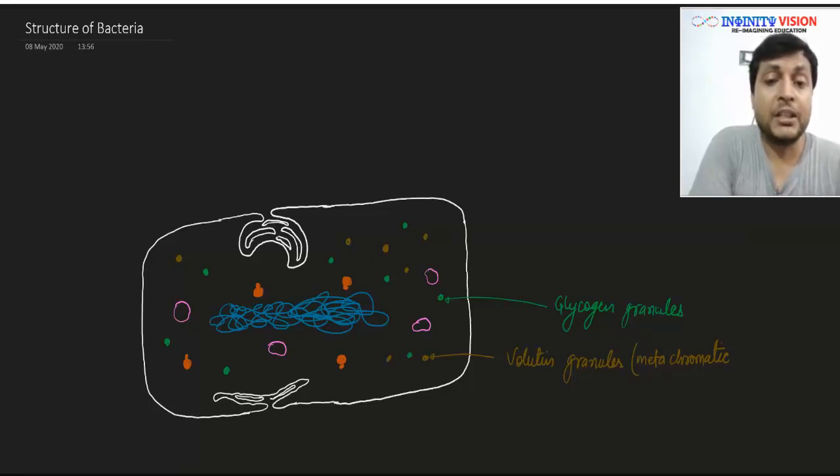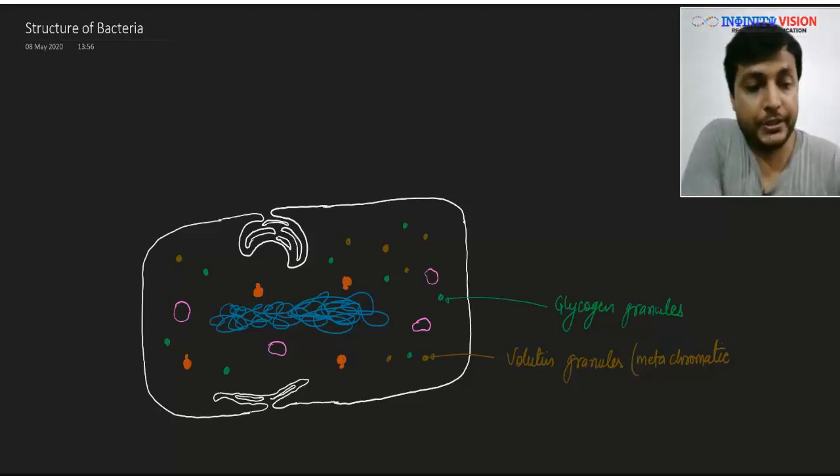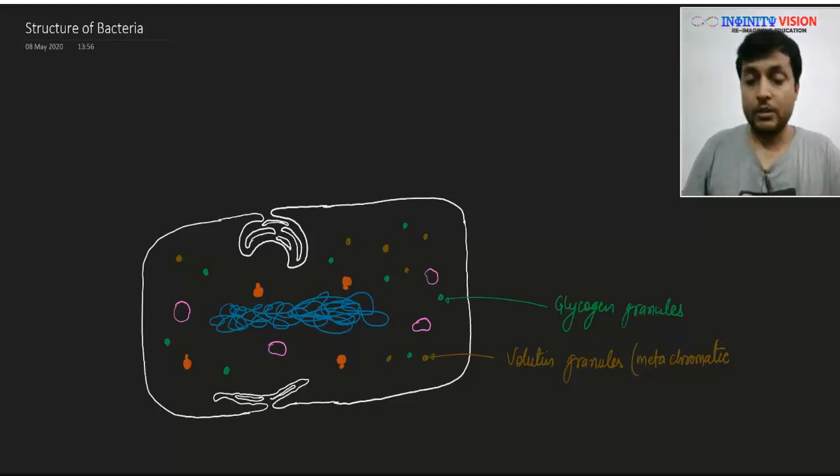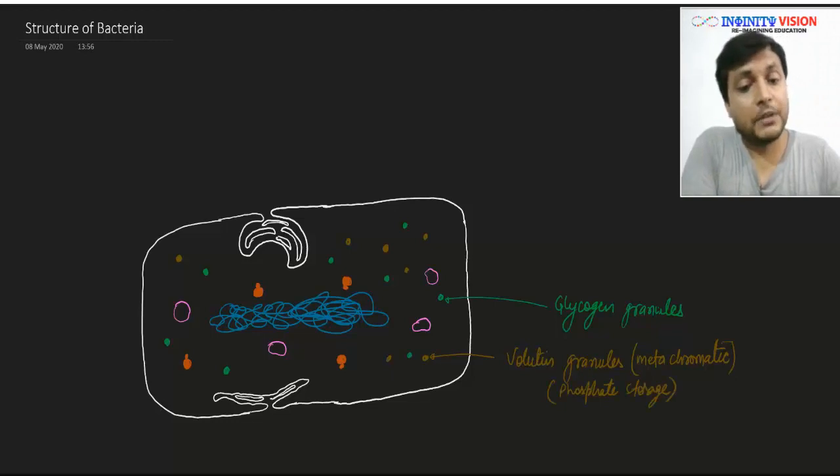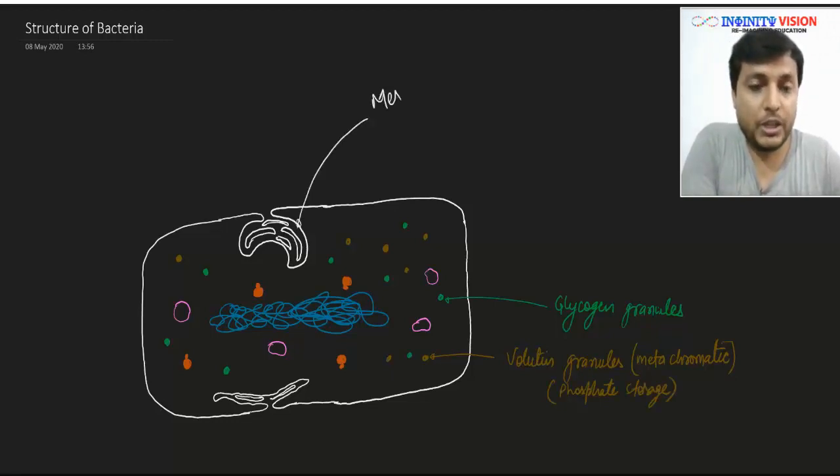As a result, the volutin granules can be colored with different dyes, and they are used for staining of bacteria. What is their function? They are phosphate storehouses, granules in which phosphate is stored.